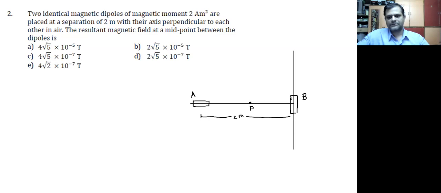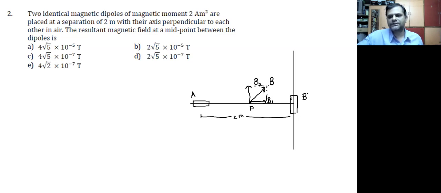And at the same time the magnetic induction due to magnet B at the same point P will actually be in this direction here, so that will be denoted by B2 here. Okay, B2, and we'll have to find the resultant of these two, which can be obtained by parallelogram law here. तो पैरेलेलोग्राम लॉ यूज करके हमको इसका रिजल्टेंट का मैग्नीट्यूड ढूंढ के निकालना है, जिसको हम B बोल सकते हैं.